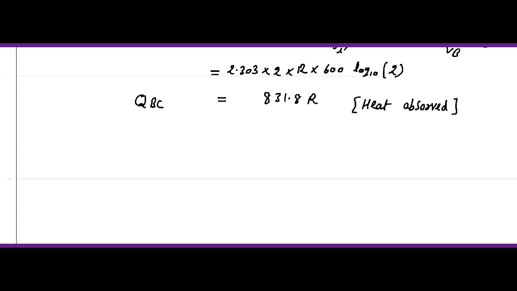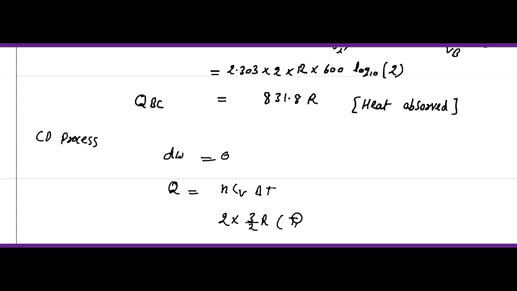Now here we take the CD process, that means isochoric process. So here work done W is equal to 0. Now heat is nCv delta T. So here we can write 2 into Cv, whose value is 3/2 because this is a monatomic ideal gas, and here Td minus Tc.